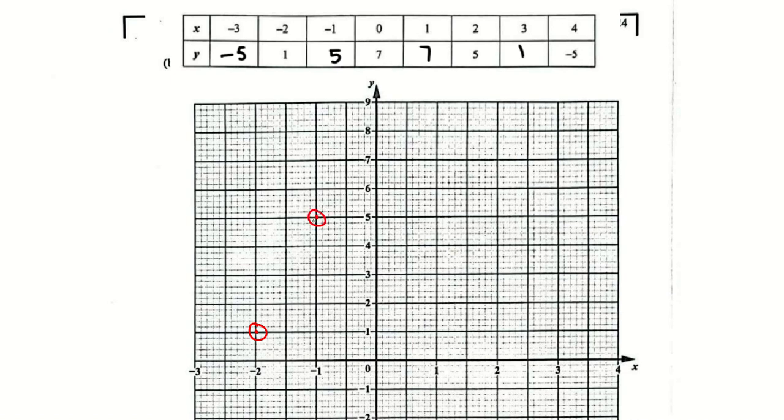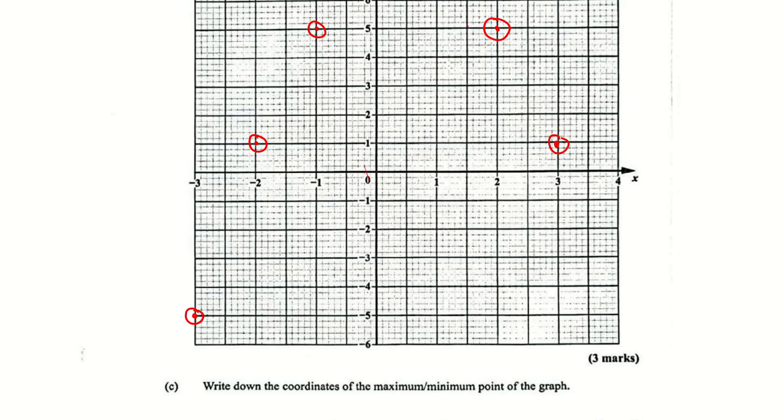That's right here. When x was 0, y was 7, so that's on your y-axis. Then the next one, when x was 1, y was 7. When x was 2, y is 5. When x was 3, y was 1. When x was 4, y was negative 5. This is going to be right here.